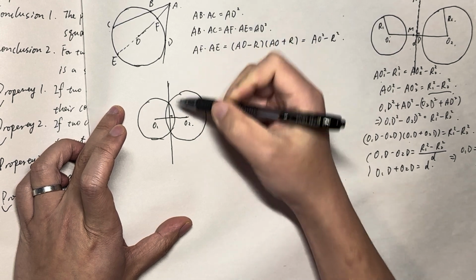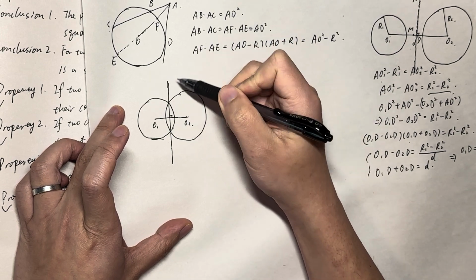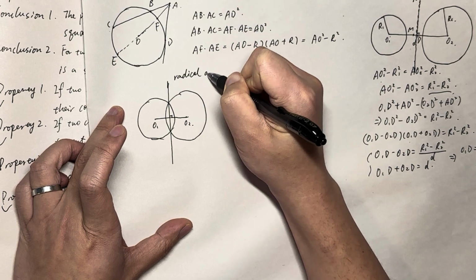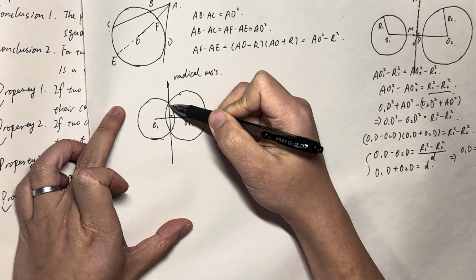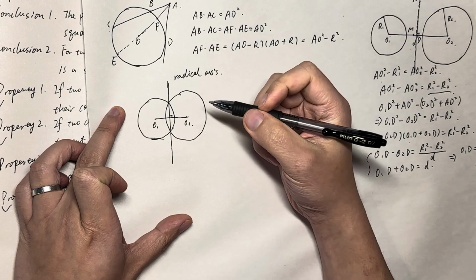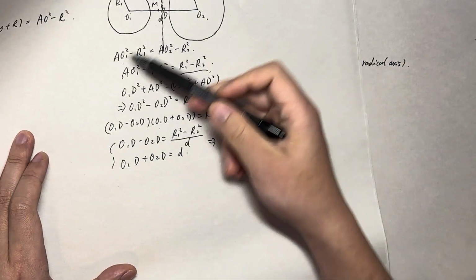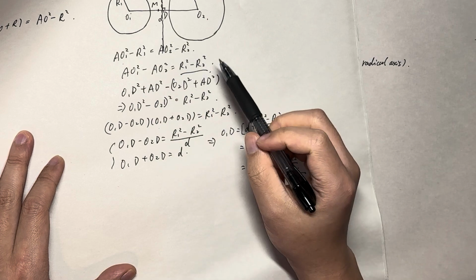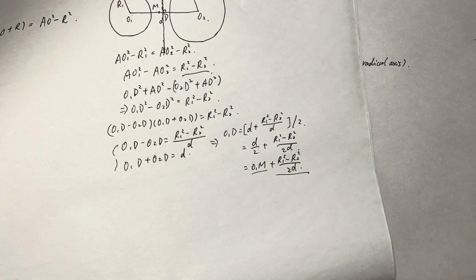So it seems that the radical axis contains the common chord, which is fairly simple to prove, right? Because when we do this proof, it doesn't matter whether two circles intersect or are separate or tangent, right?